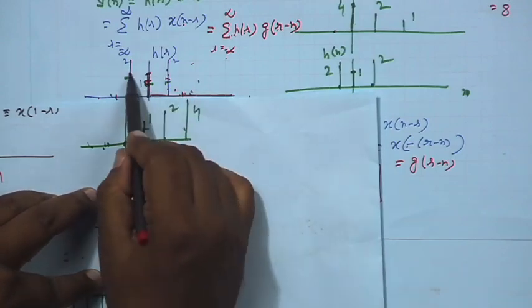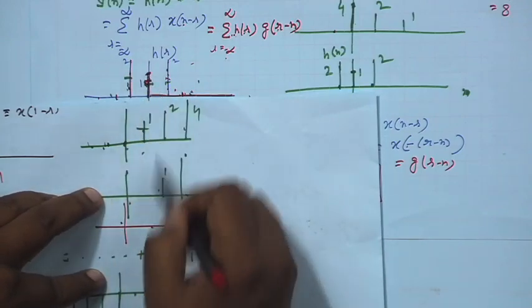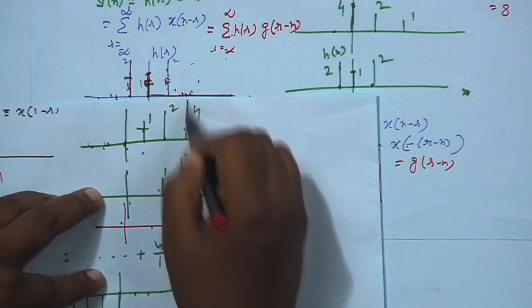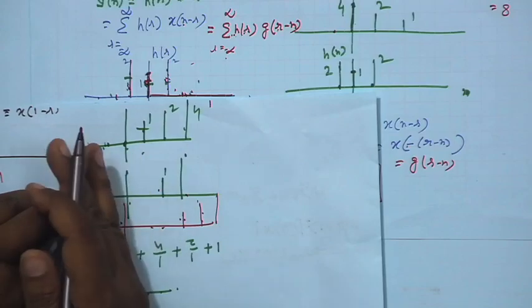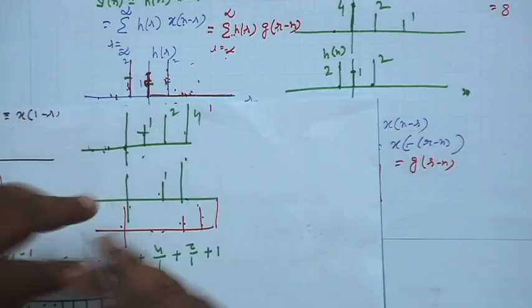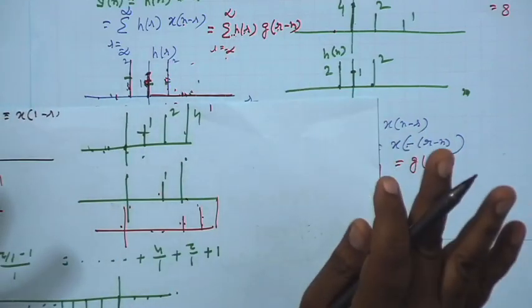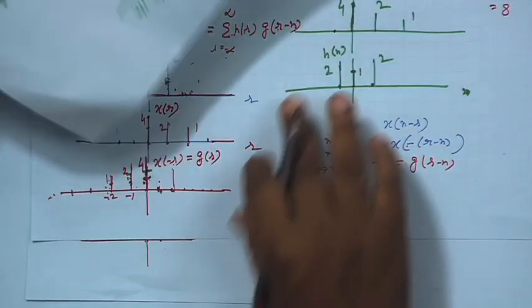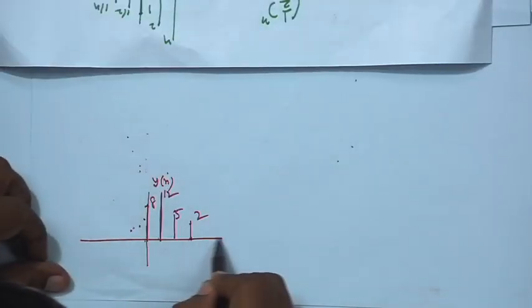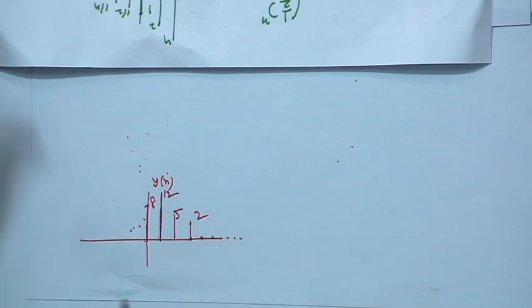So, no overlap, this is meeting 0, this is meeting 0, this is meeting 0, this is meeting 0. So, no overlap. So, I will get 0 value. If it shifts further to the right, it continues to do that, there will be no overlap. So, it will remain 0. So, I will have 0 values, which means after this we will have zeros, zeros, zeros, zeros, zeros.